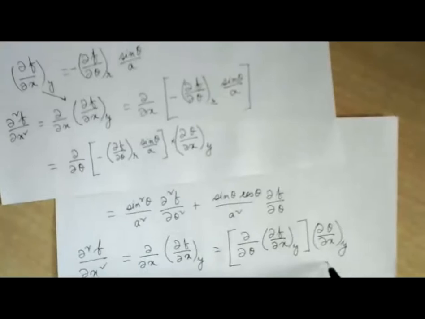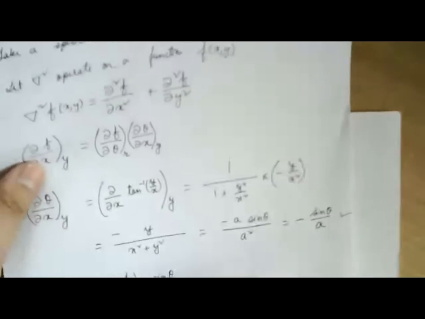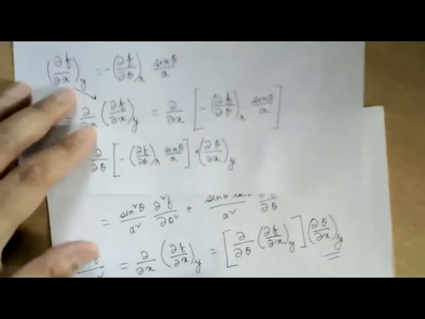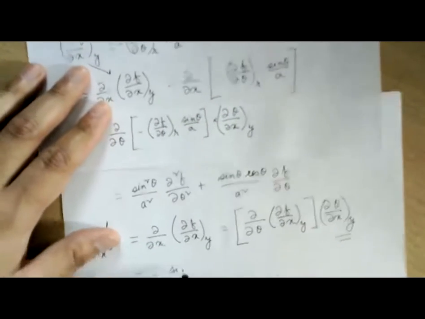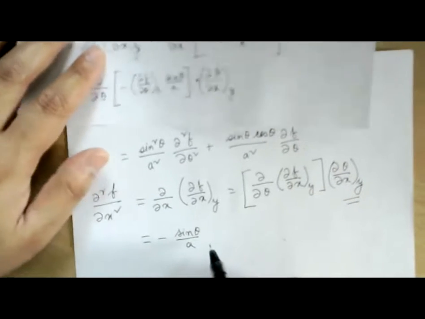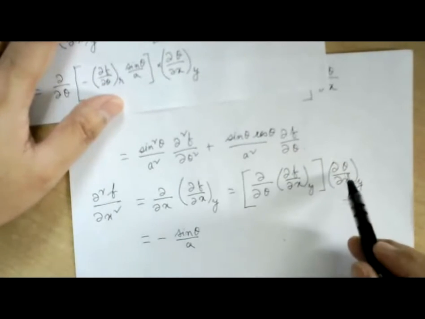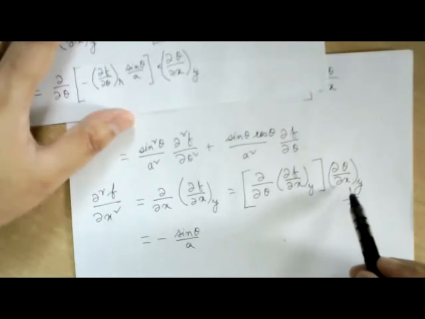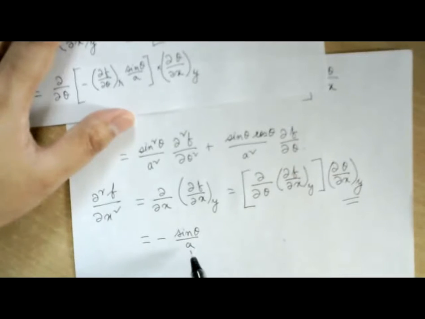So this del theta by del x should be equal to minus sine theta by a. We have calculated this earlier, and this value was minus sine theta by a.